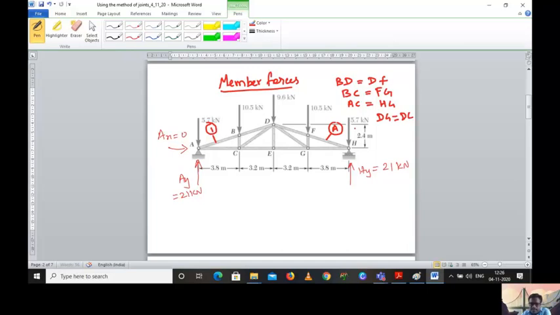So if you calculate any one side, the remaining things we can simply relate.